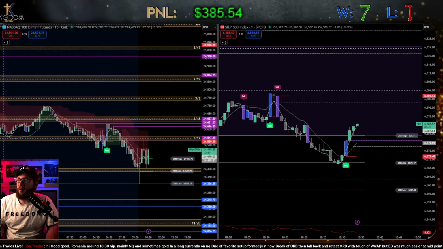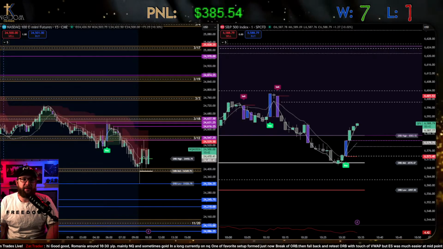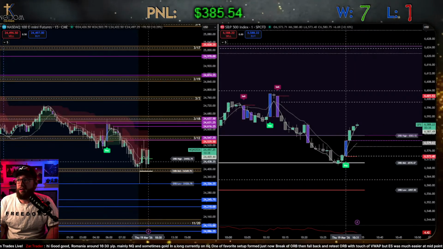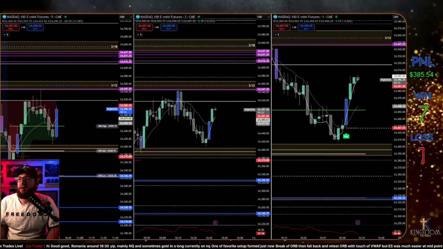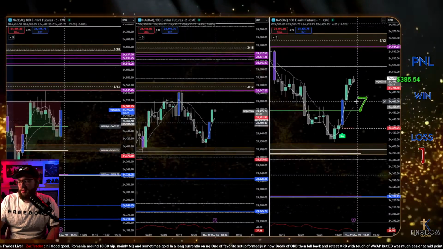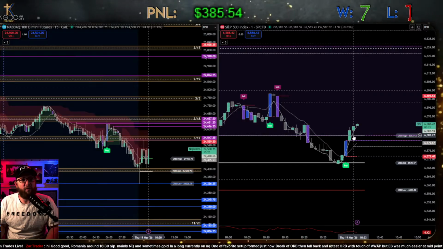Okay. So your break of ORB and retest, was that on ES? Because I see SPX did. SPX had a beautiful break and retest on the ORB. NQ is break and gone, break and continue and no retest. But yeah, SPX had that pretty break retest.